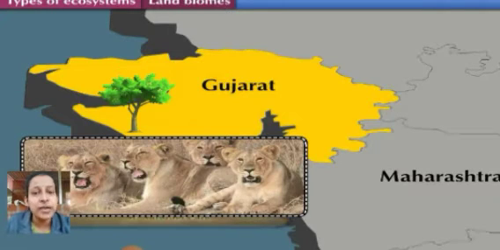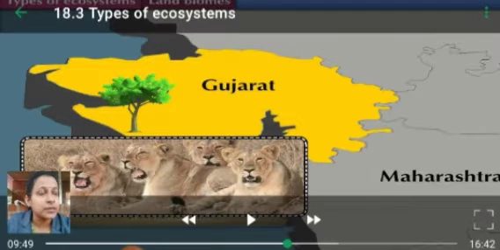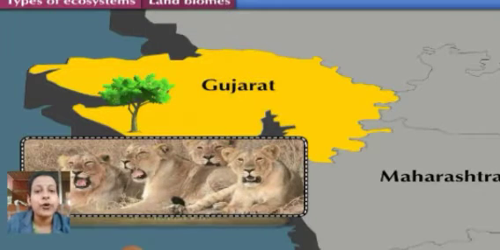So different places in India are selected and conserved for conserving the different types of animal species. Let's see which are the national parks or wildlife sanctuaries wherein certain rare and endangered animals are getting protection.